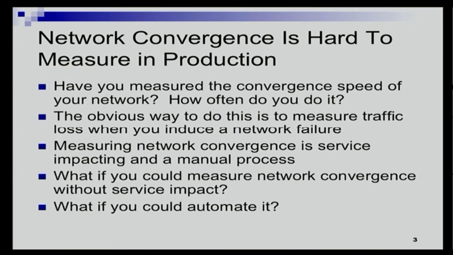One is that you're causing a failure in your network, and we spend our careers trying to minimize network downtime, so this kind of goes against the grain of what we usually do. And the other problem is that it's a manual process. You have to set up the packet stream, and somebody has to pull the cable that causes the failure.